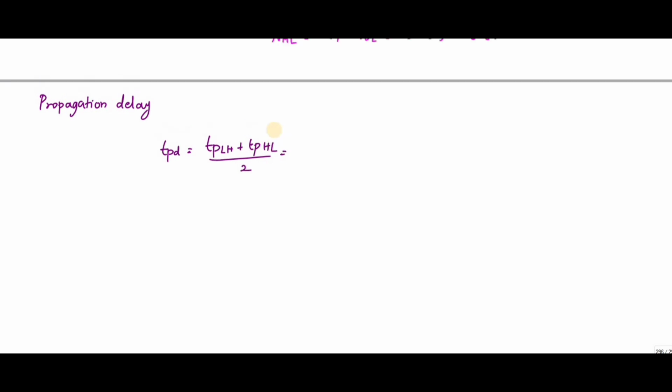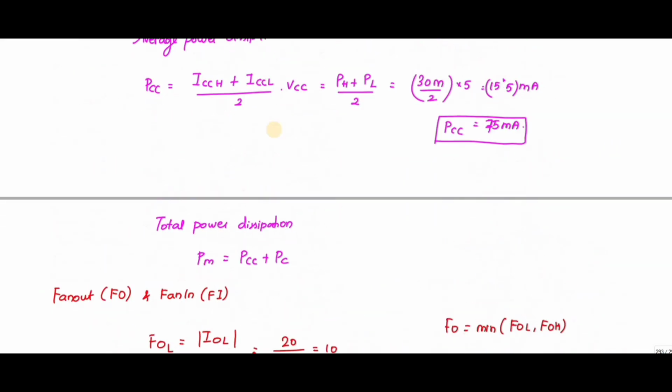It is given by the charging and discharging time of the stray capacitance from the gate output and by the switching times of the transistors. So I can write TPD is equal to TPLH plus TPHL divided by 2.